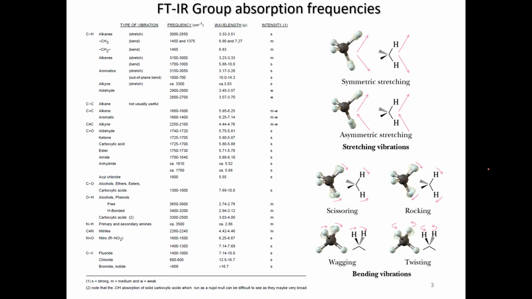If you go to around 1,100, you can say maybe this is a carbon-oxygen single bond. Below that, it gets messy. Around 800, 900 is where the fingerprint region is.